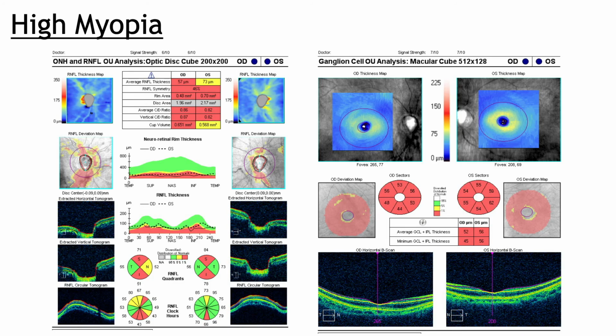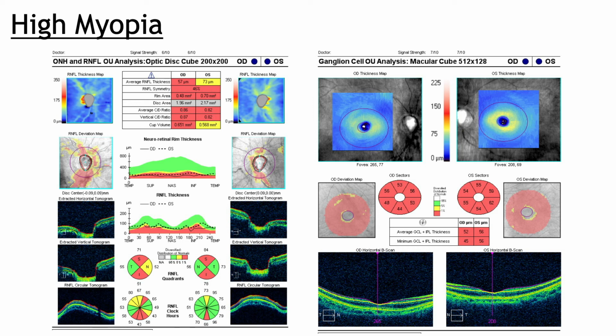This happens to be her disc cube and her macula cube, and not surprisingly, you can see that the RNFL is quite thin. But again, the question is, is it quite thin because of myopia, or because of glaucoma, or both? And so following the patient over time is, of course, important.